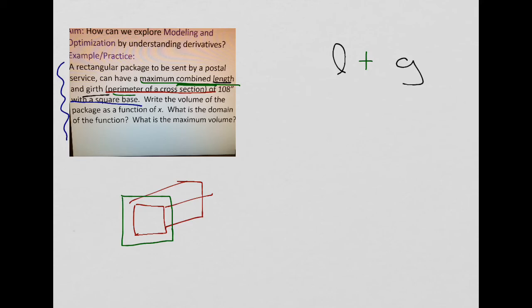So it is a perimeter. For this particular problem, we need to know that it's a square base. In the problem we want the volume as a function of x. Let me label this as x all the way around, and that helps set up my problem.